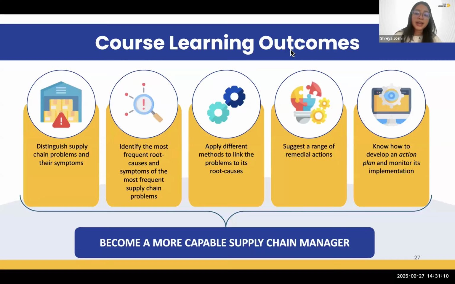We would be looking into building action plans and how you could actually implement those plans. So yes, you can become a more capable supply chain manager. I'm sure you already are, but whatever issues and challenges you are facing currently, or which you might not have diagnosed yet, we would be looking very closely into.